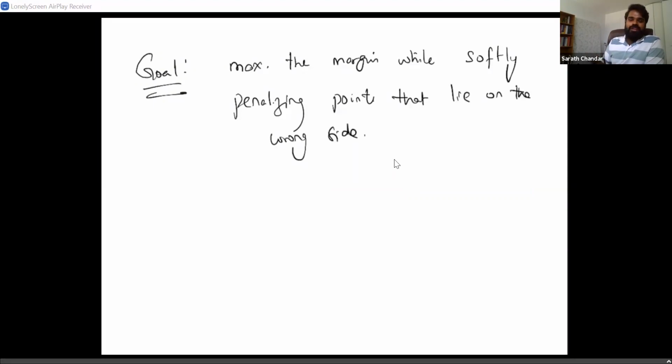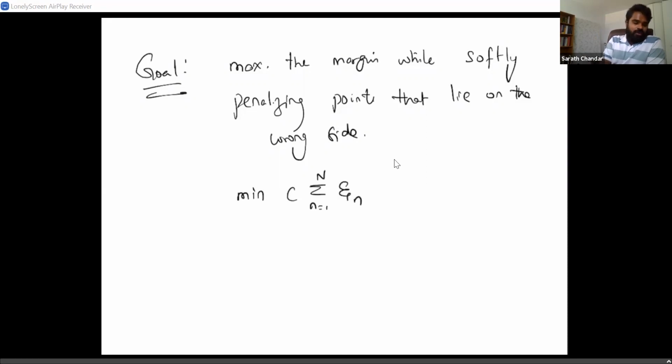How do I do that? All I have to do is minimize the slack value as much as I can while I'm maximizing the margin. So you minimize some C times summation over n equal to 1 to capital N of epsilon n.